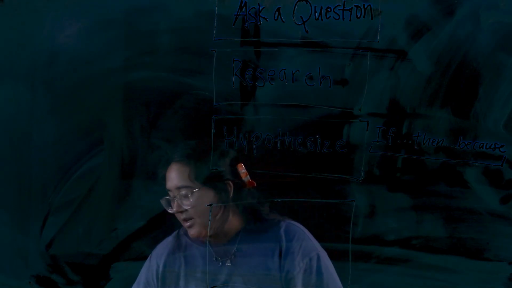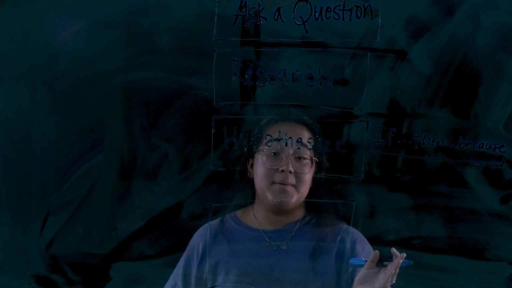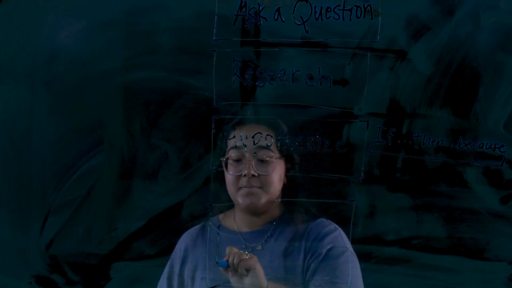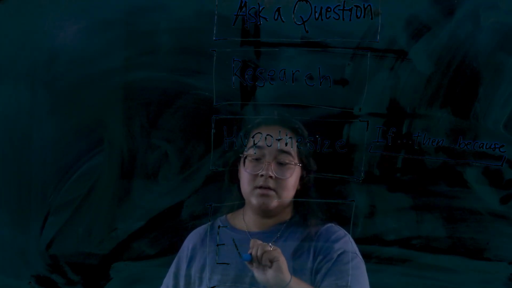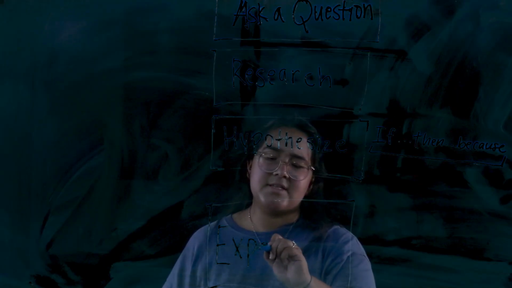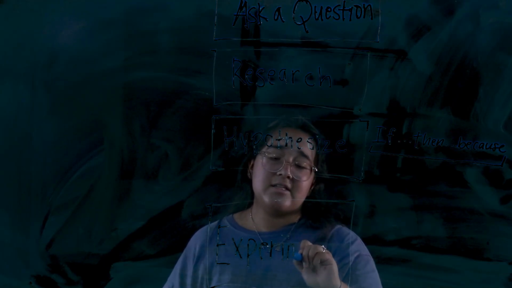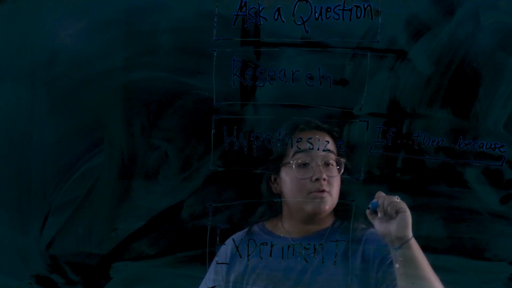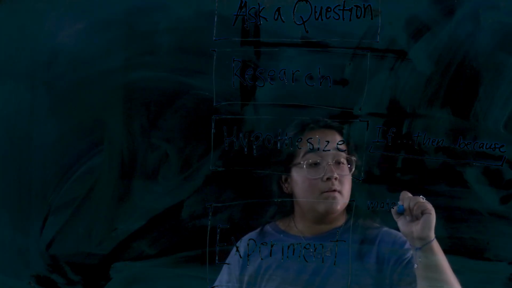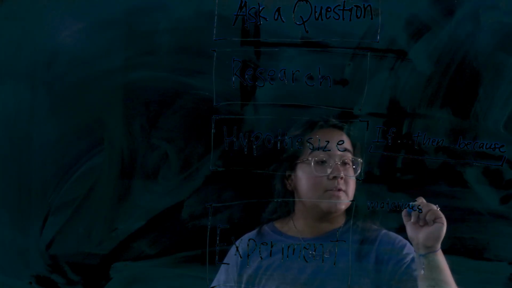All right, our next part of the scientific method is a lot of people's favorite part. It's the experiment. Some people call this investigation. I think it's because they don't want to have fun and say experiments. We're experimenting. We are going to gather materials.